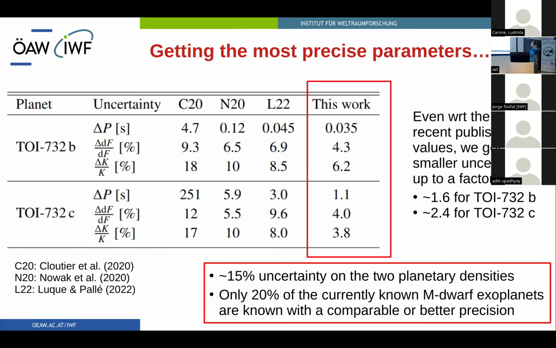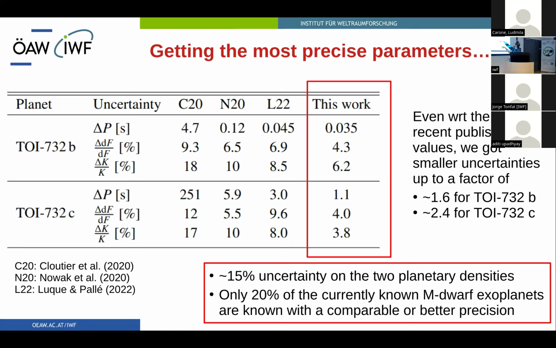What is worth emphasizing is the precision we were able to get by combining all this data together, okay? So not just because we are better than the others, just because we have much more data in our hands. So I just summarized here in this table the uncertainties that were obtained by previous collaborations, like Cloutier, Novak et al. and Luque and Pallé in 2022.